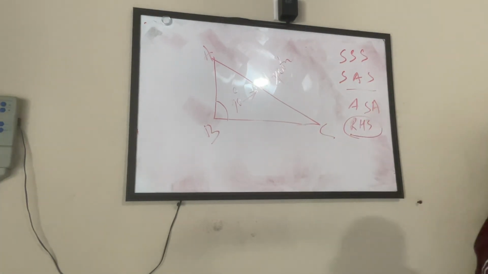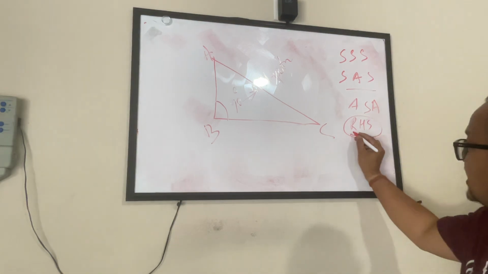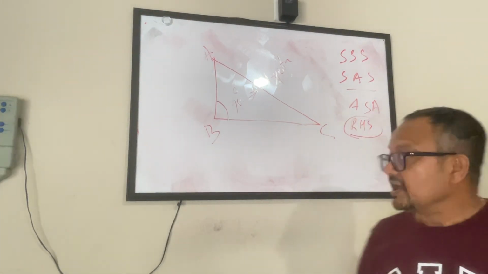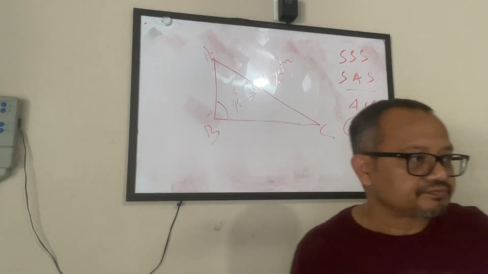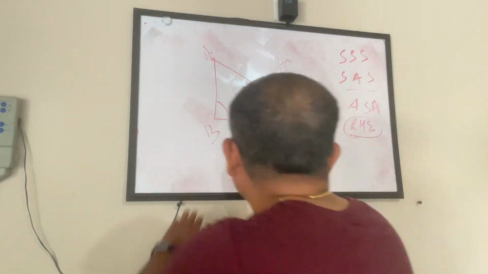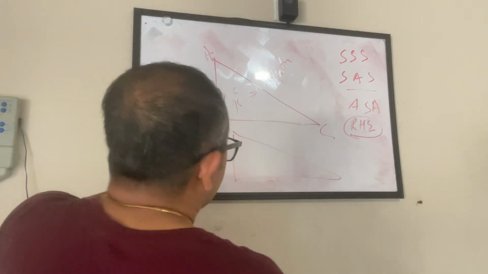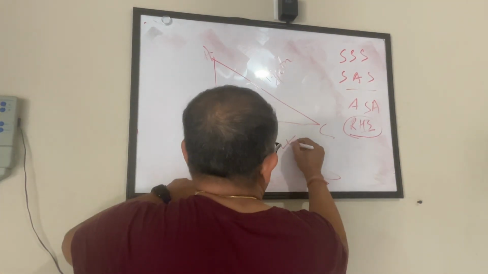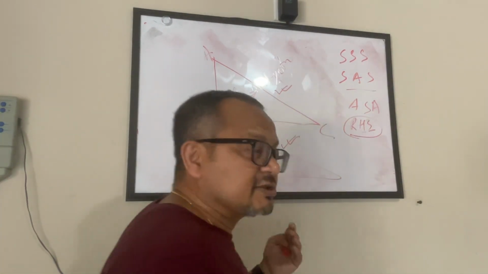Now, what this theorem says is, in a right angle triangle, if the hypotenuse and one of the sides match, meaning if I have two right angle triangles where the hypotenuse and any one side match.